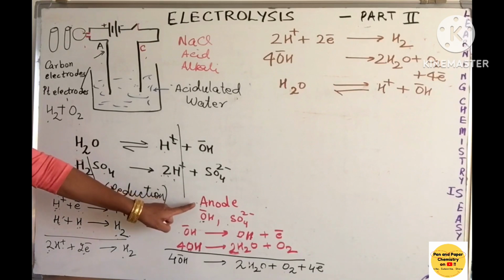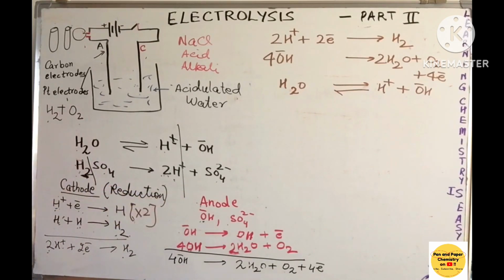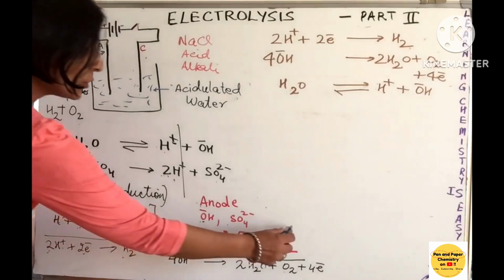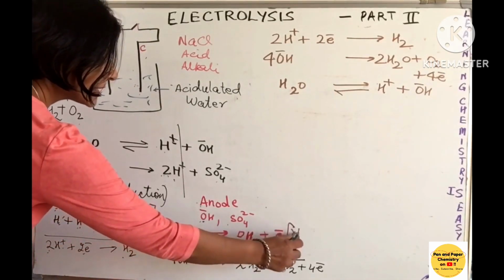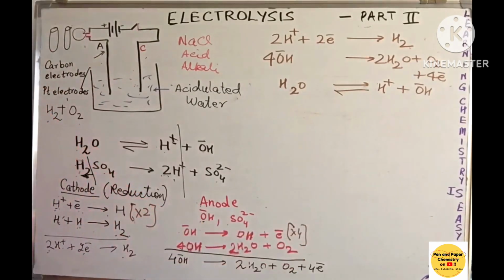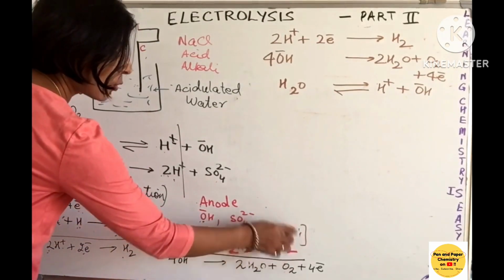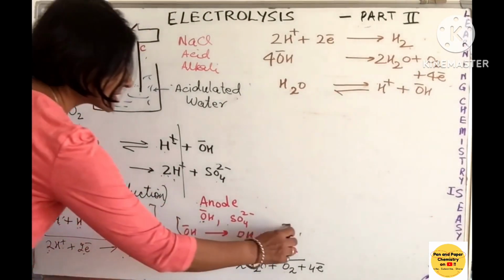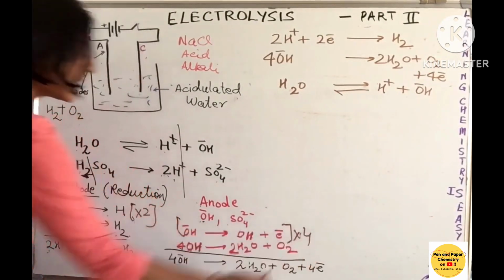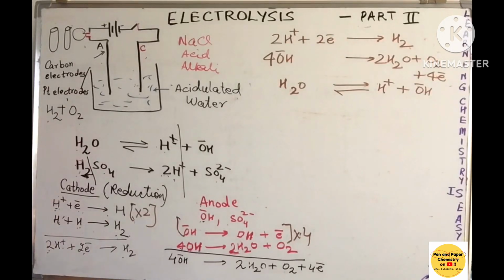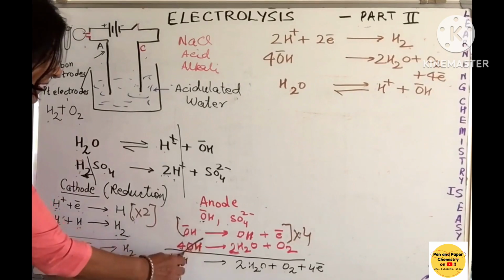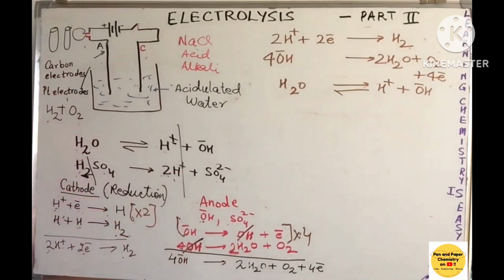Similar operation is done at the anode. We need 4OH, so I will multiply this whole equation by 4. You can either write it like this or you can also show it as this. Both are equally correct. 4OH being generated, 4OH being used up, they get nullified, right?